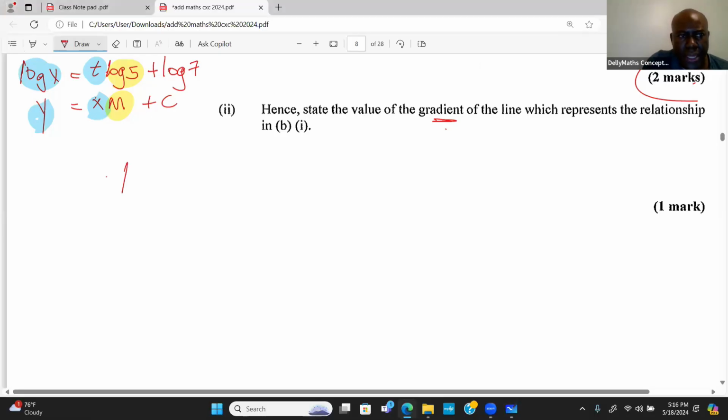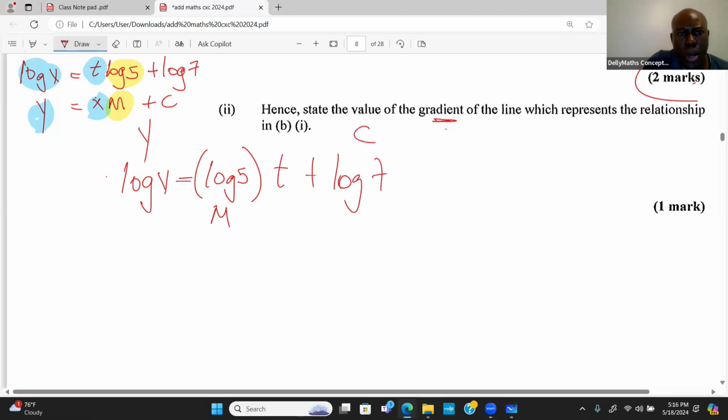So remember that log v is equal to log 5 t plus log 7. The log 5 is my gradient m, t is my x, and log 7 is my c. That's my y. So if they say hence state the value of the gradient of the line, log of 5 is the answer.